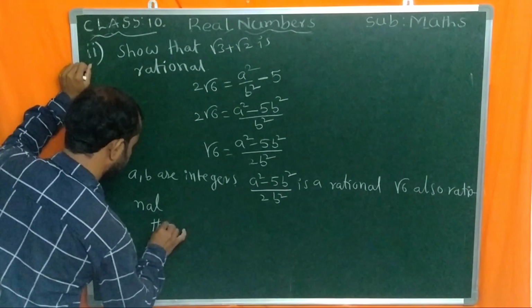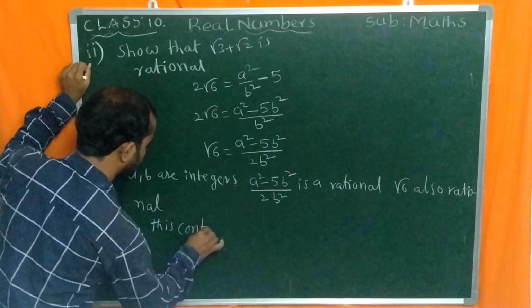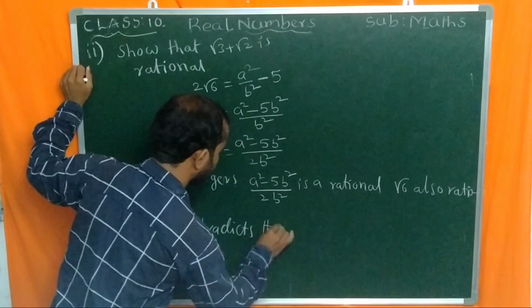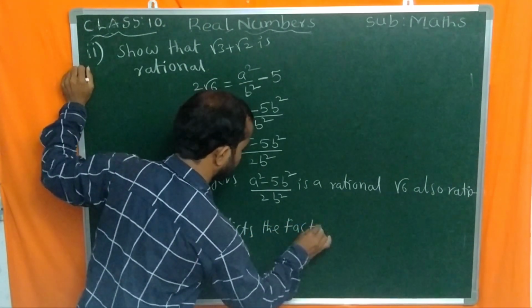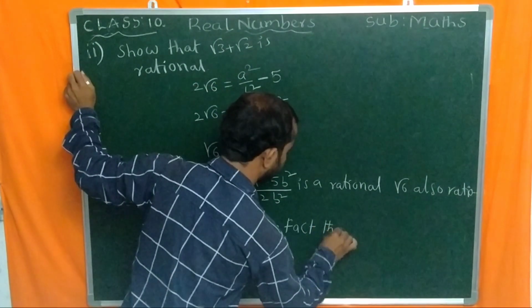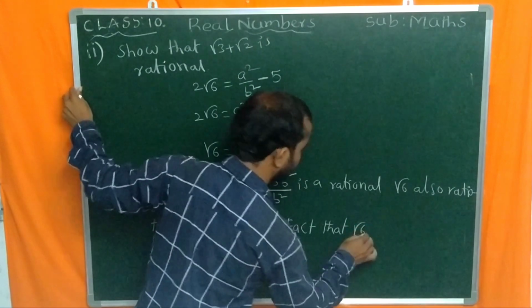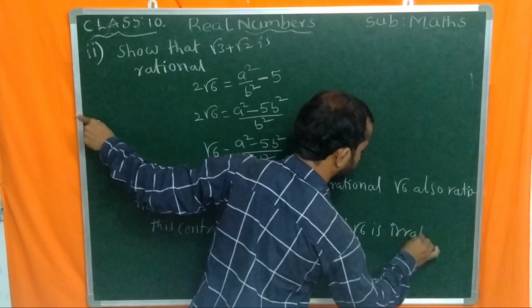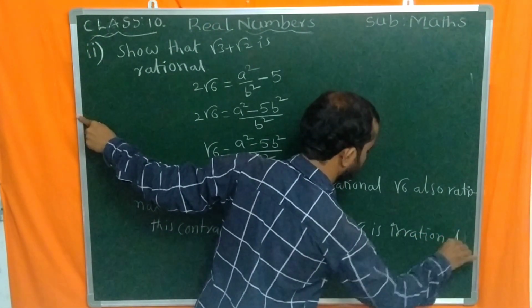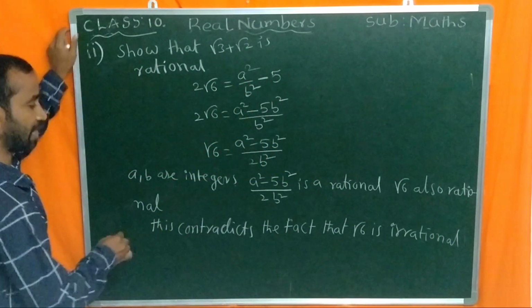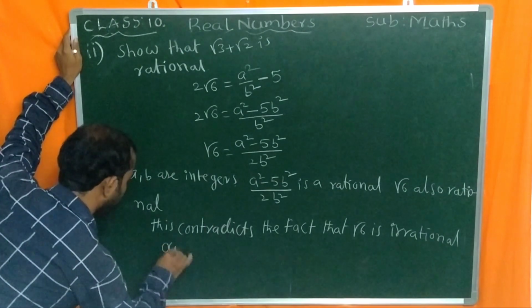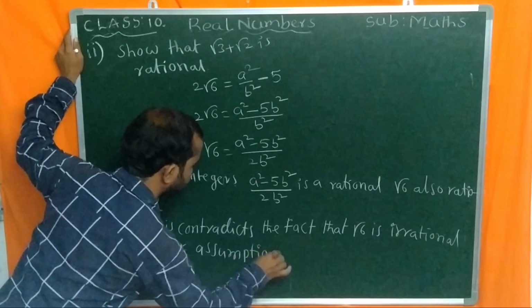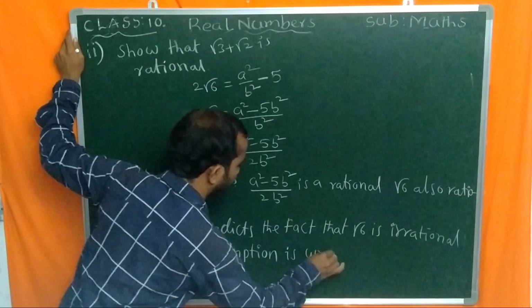This contradicts the fact that root 6 is irrational. So our assumption is wrong.